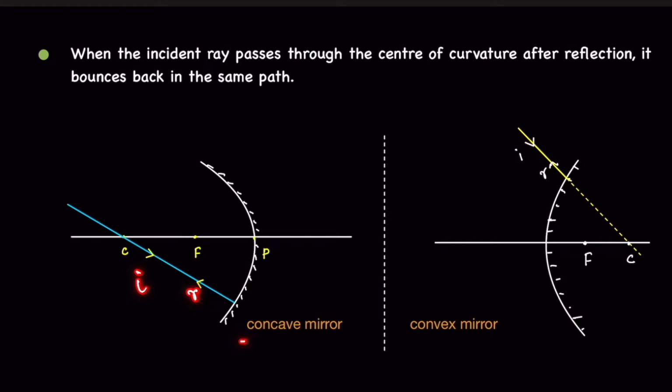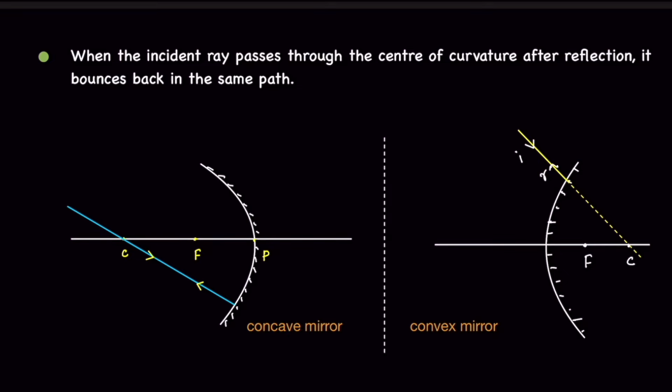So this is for concave mirror. For convex mirror, center of curvature is behind the mirror. So when we take the incident ray, which is almost passing through the center of curvature, its reflected ray will bounce back in the same path. So how this happens, I will explain.